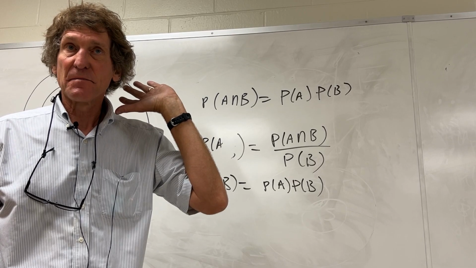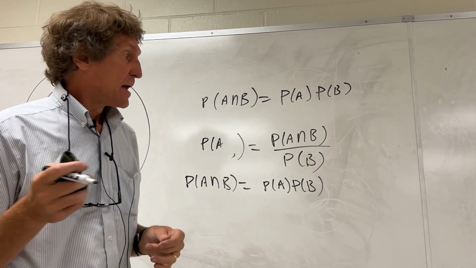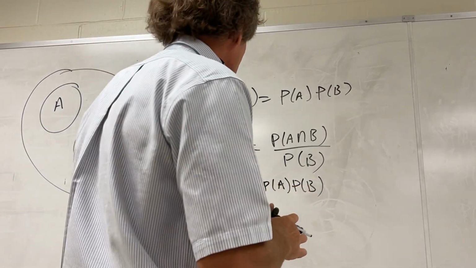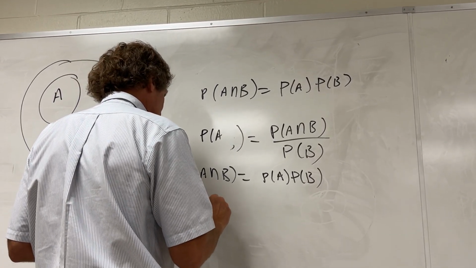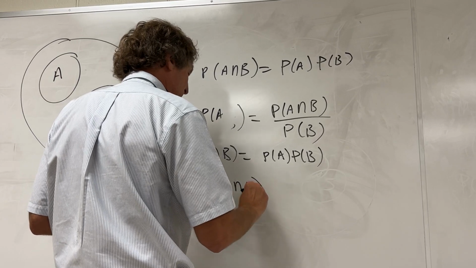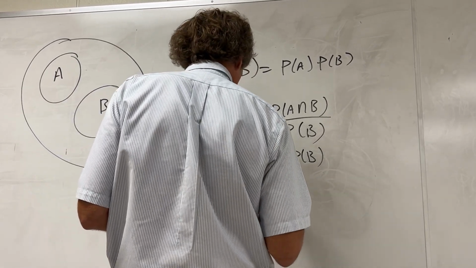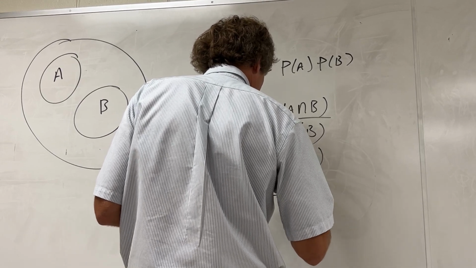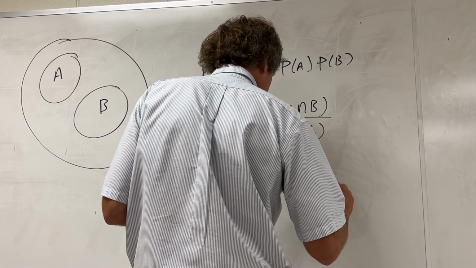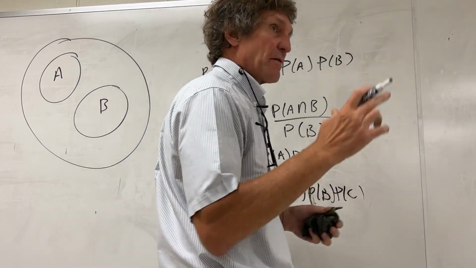Do you all follow me, class? He's trying to show you that. And in general, they'll extend this and say the probability of A intersect B intersect C, and you can go on forever. If they're independent, it's just P of A times P of B times P of C, and you can extend that forever.